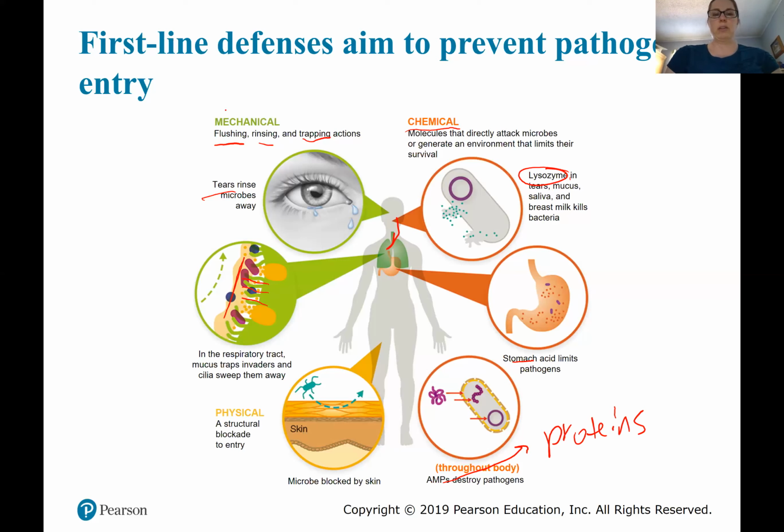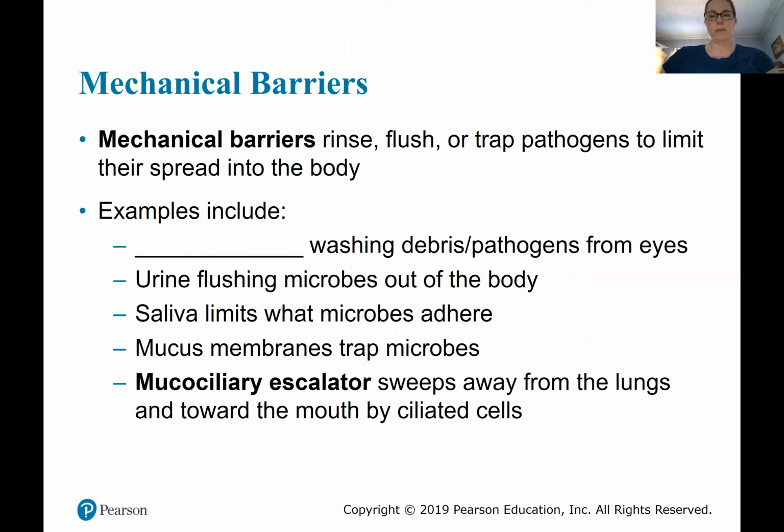Physical structures basically form a physical barrier. Intact skin that doesn't have any cuts or abrasions provides a physical barrier to keep things out.